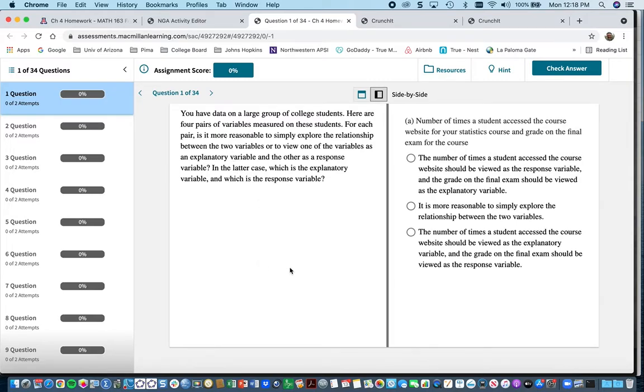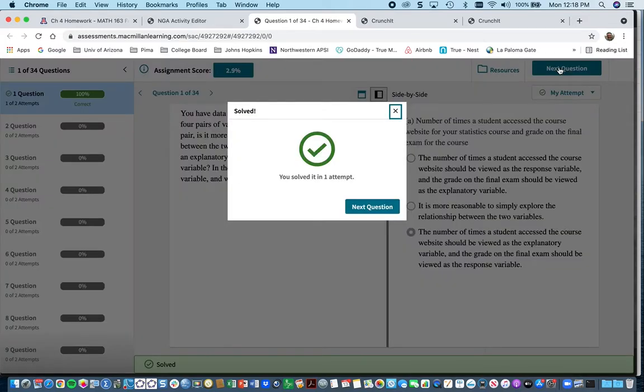When I first read this, I was expecting to see like 4 ordered pairs here, but then if you read the question over here, this is part A. The number of times a student accesses the course website for your statistics course and the grade on the final exam. Which one of these is the explanatory variable? It seems like the number of times they look at the website would be the explanatory variable, and the grade on the final would be the response. So it looks like this one. So let's check that. Okay, and we're right.